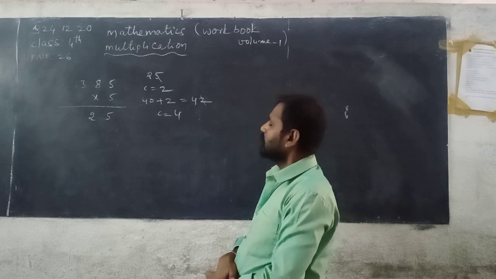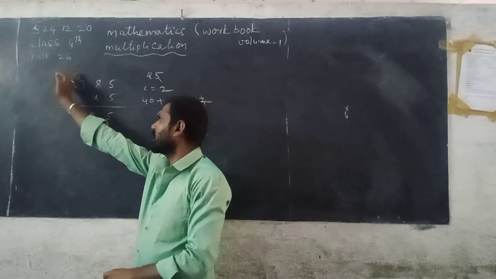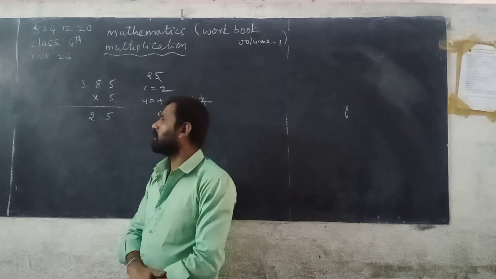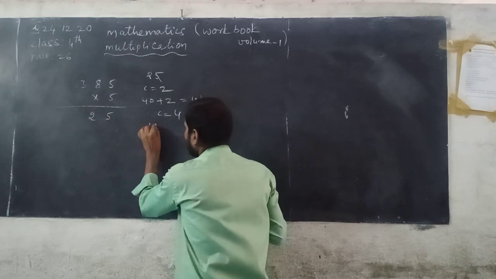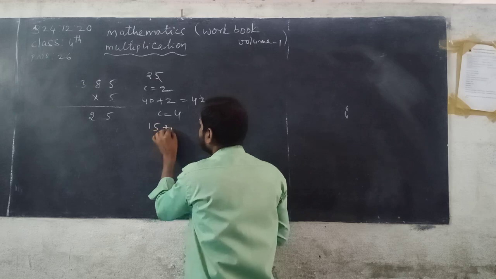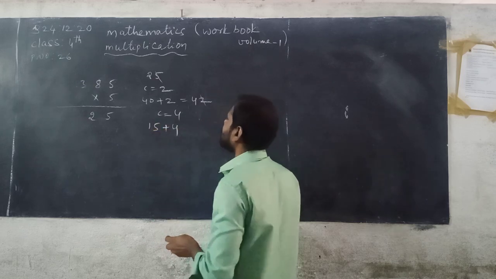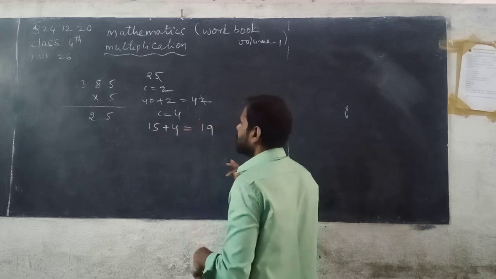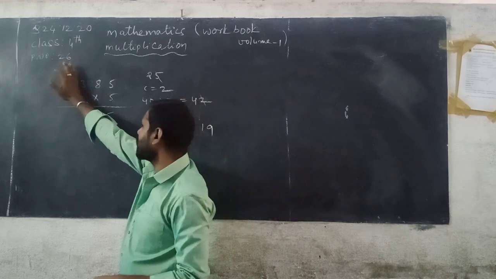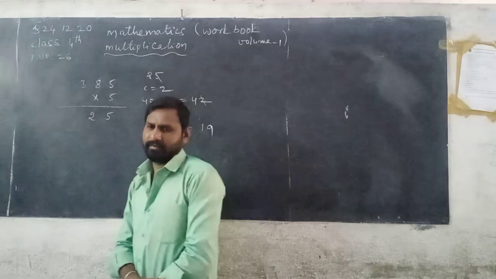Now next we multiply the digits in the 100's place. 3 with 5, 5 3s are 15. Then 4 is added to 15 because 4 is the previous carrying. 15 plus 4, you get 19. See here, this is the last place of the given number 3.